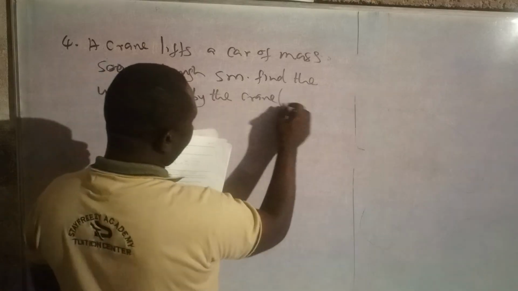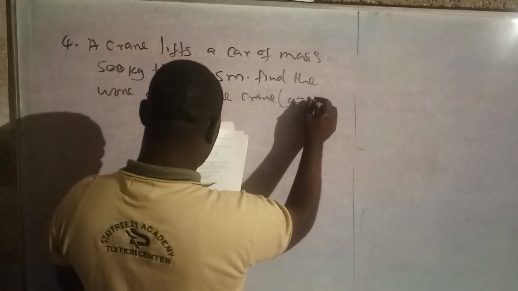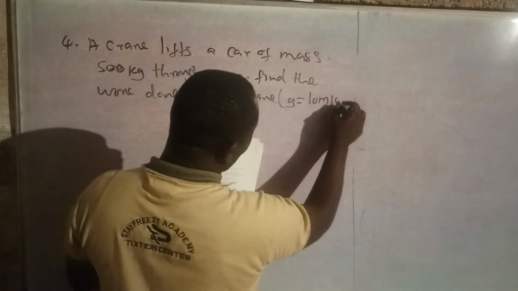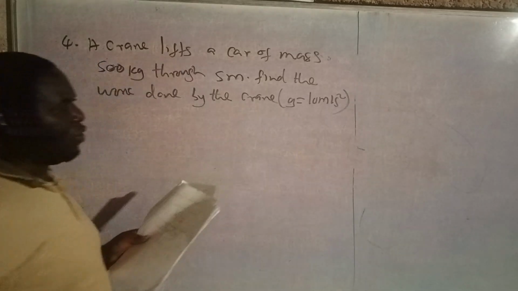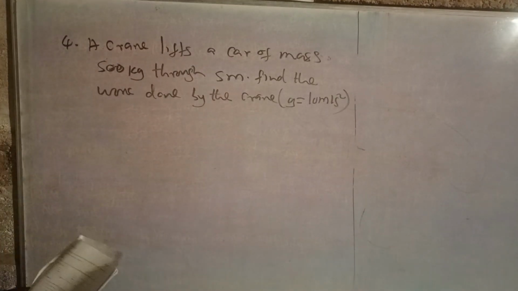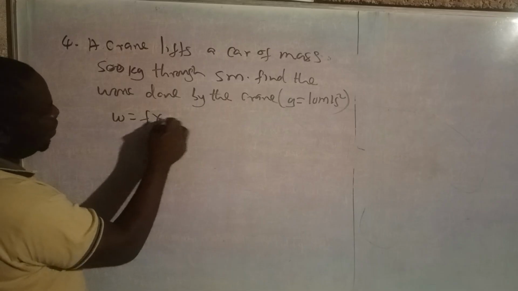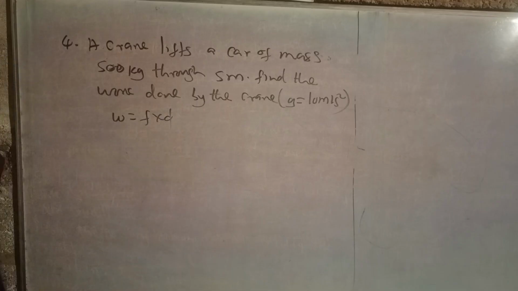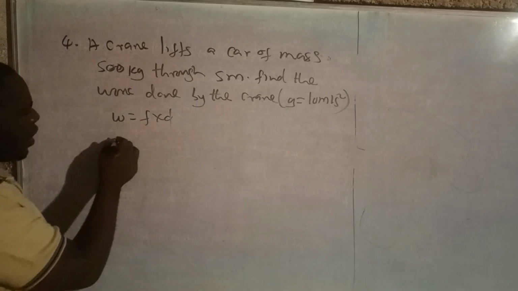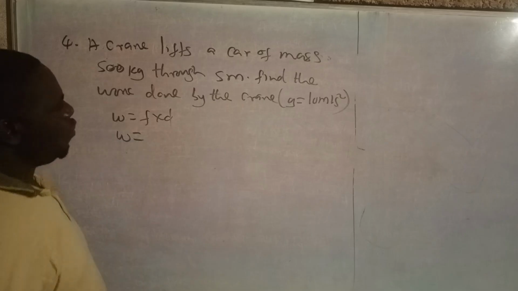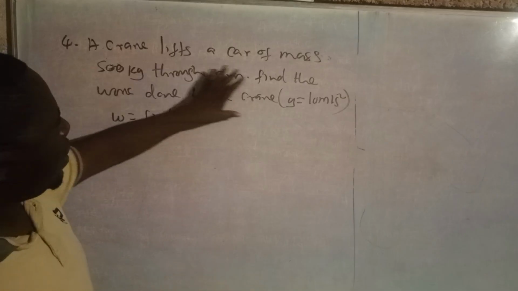Then we have g is equal to 10 meters per second squared. So this is acceleration due to gravity. Again, I'll still use the same formula, which says work is equal to force times the distance. Do we have force in the question?